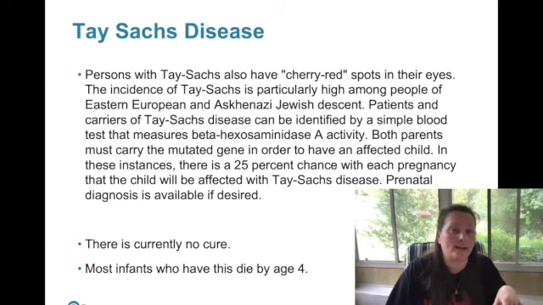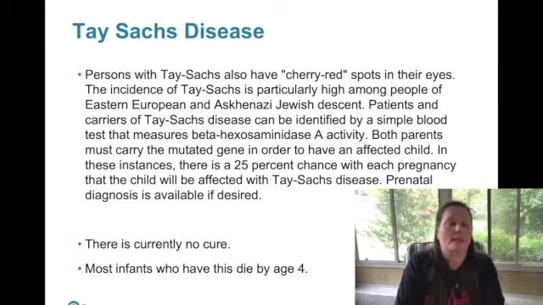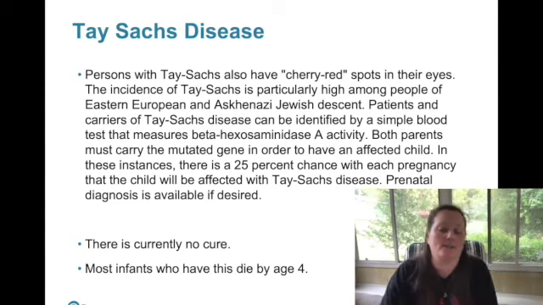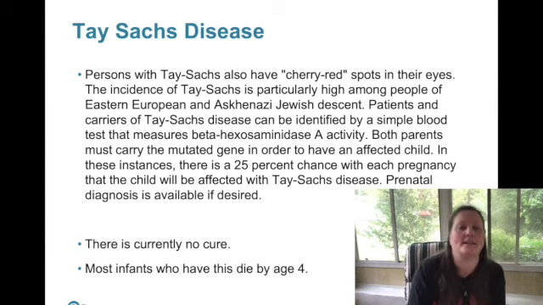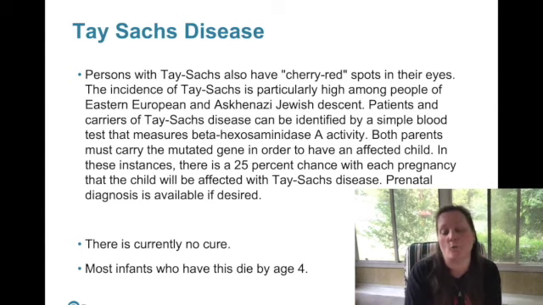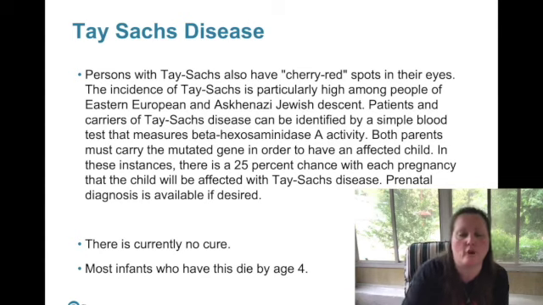If only one carries it, you're safe because it is a recessive gene. No known cure. They don't know how to make the lysosome suddenly start working. And so here, this one said that most of them die by the age of 4. So 5 is reaching pretty far.